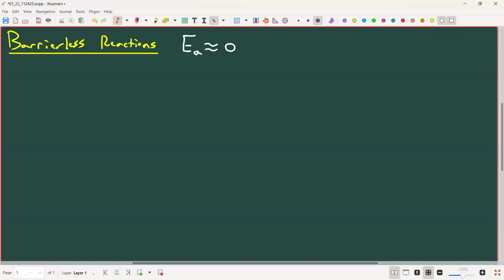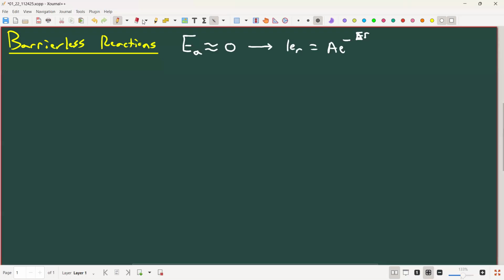Right, and so if that's the case, Arrhenius tells us that the rate constant is A e to the minus E sub A over RT. Let me erase that. Sorry. But for a barrierless reaction, E_A is 0. So the rate constant, at least at Arrhenius's level, is just a number.